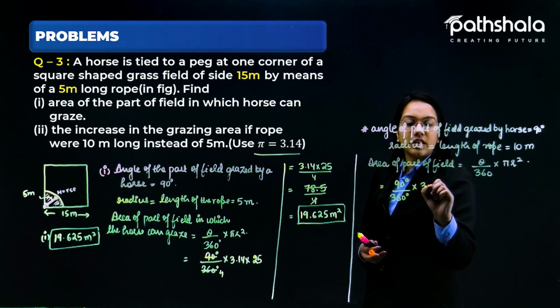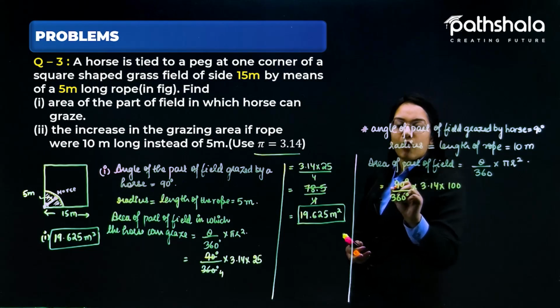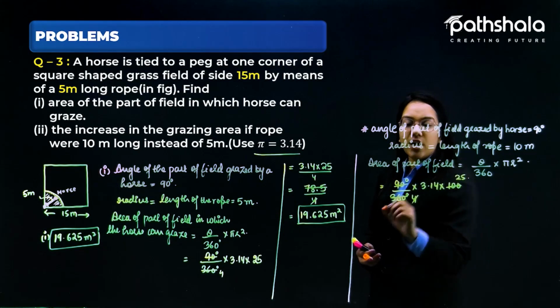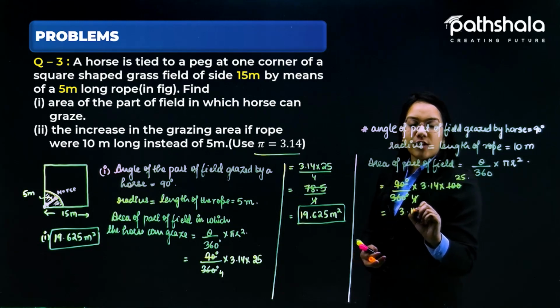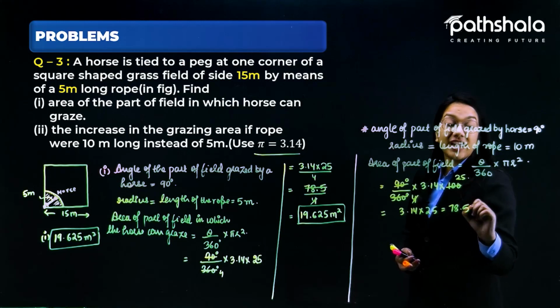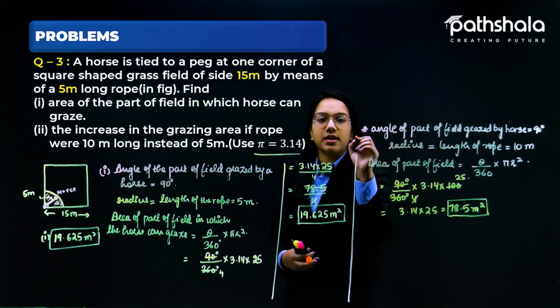We are using pi as 3.14. Radius is 10 square, so I'm taking 100 straight forward. So this is 4, and further we have this as 25. So we have at the end 3.14 into 25, which is equal to 78.5 meters square.